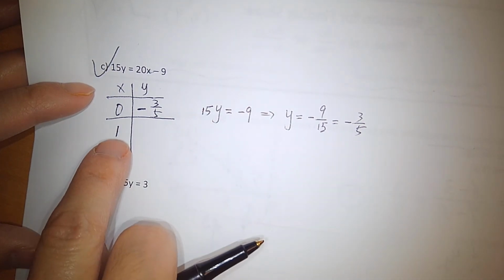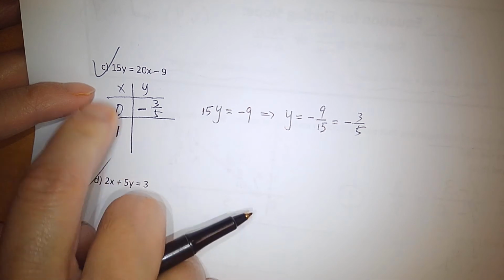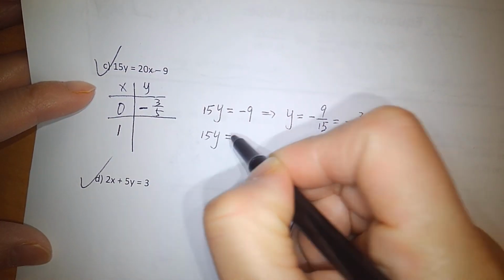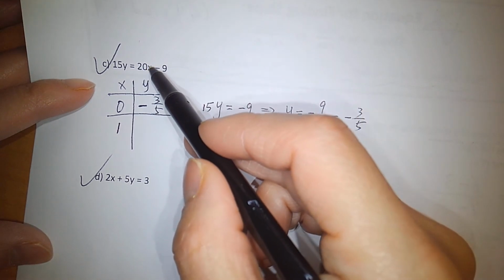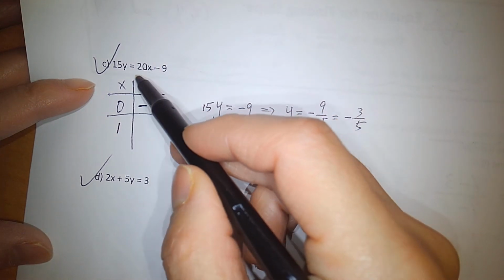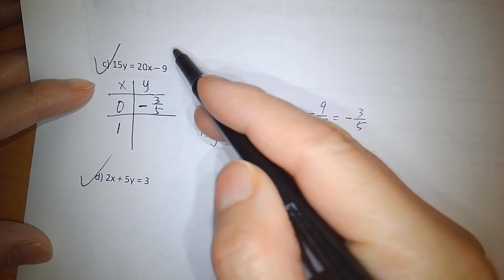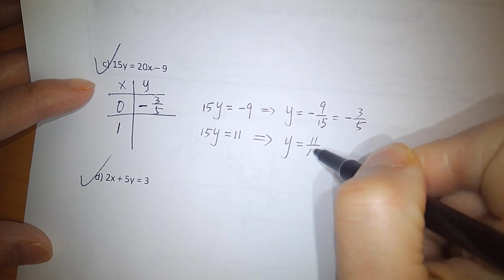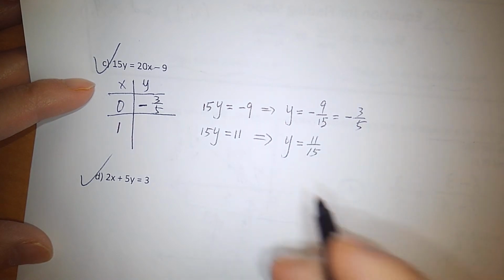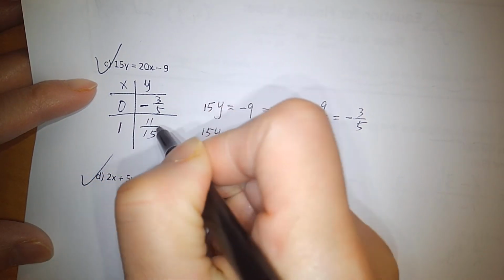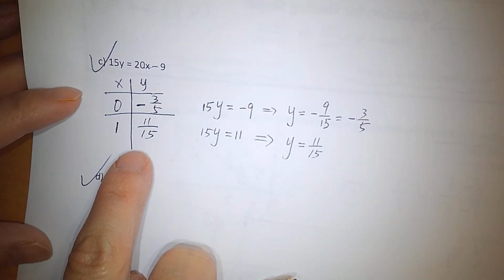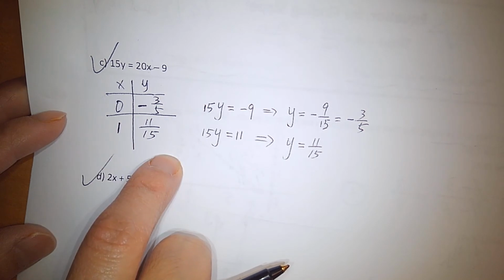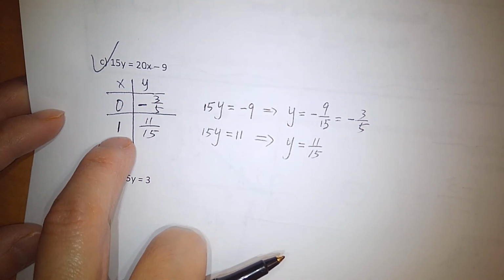If we choose x equals 1, this equation becomes 15y equals 20 times 1, which is 20, and 20 minus 9 gives us 11. So this implies y equals 11 out of 15. You go with me, everybody? This is another ordered pair.